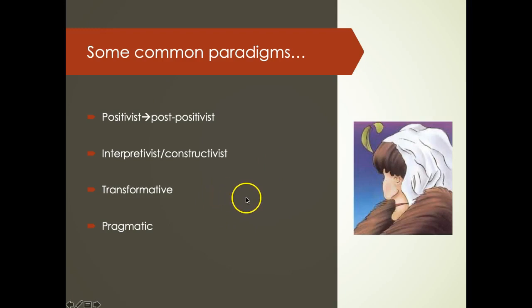A transformative paradigm comes out of a dissatisfaction with dominant norms that serve the interests of dominant social actors. In this case, research needs to lead to social change that will increase social justice for those who are marginalized by the dominant class, whatever that may be considered to be.